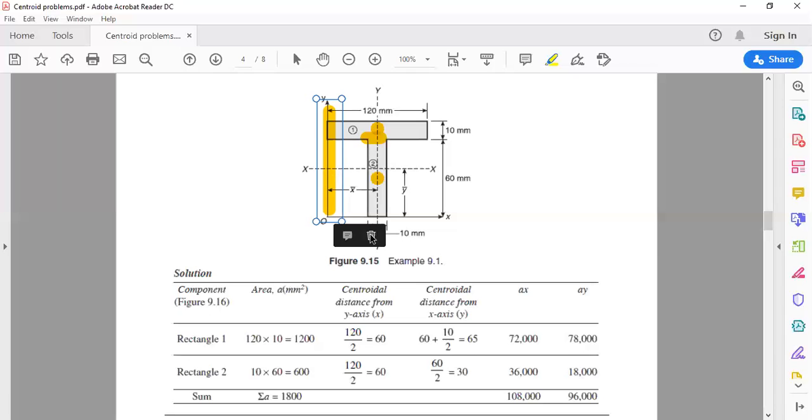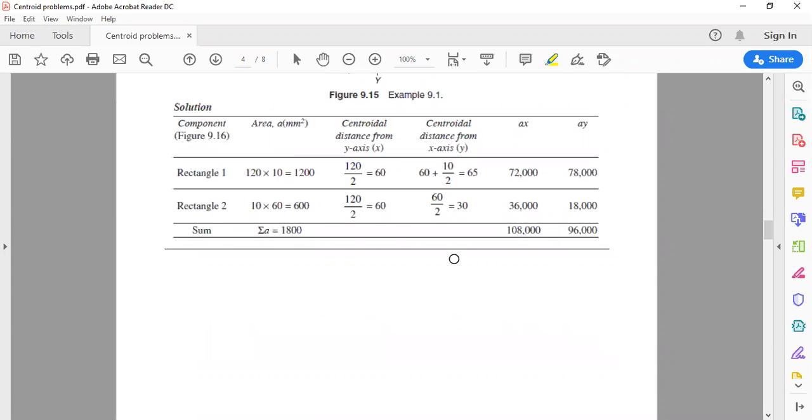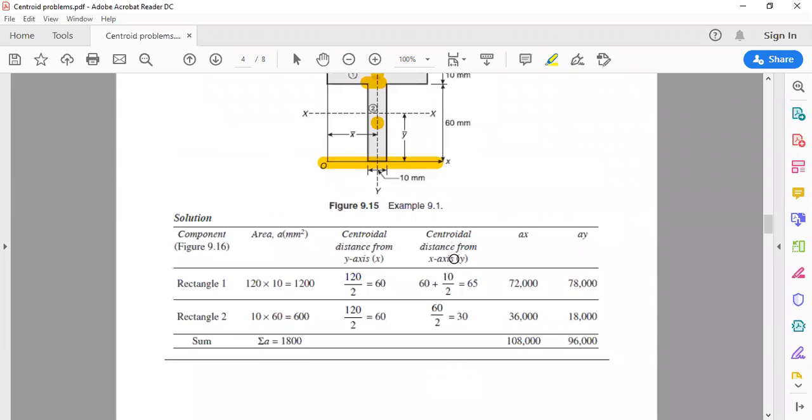Now next I want y bar of the second rectangle, which is to be measured from the reference x-axis. The distance of the centroid of the second rectangle from the x-axis is 60 divided by 2, which is equal to 30.